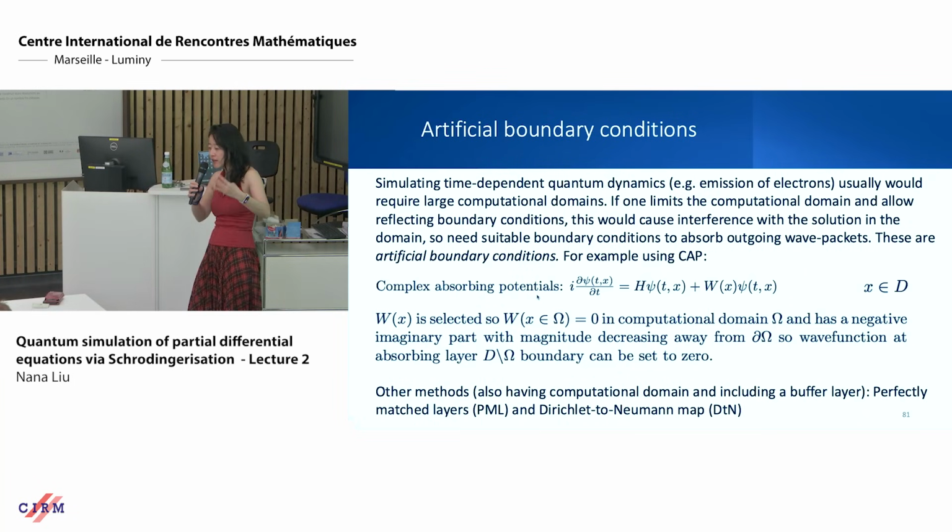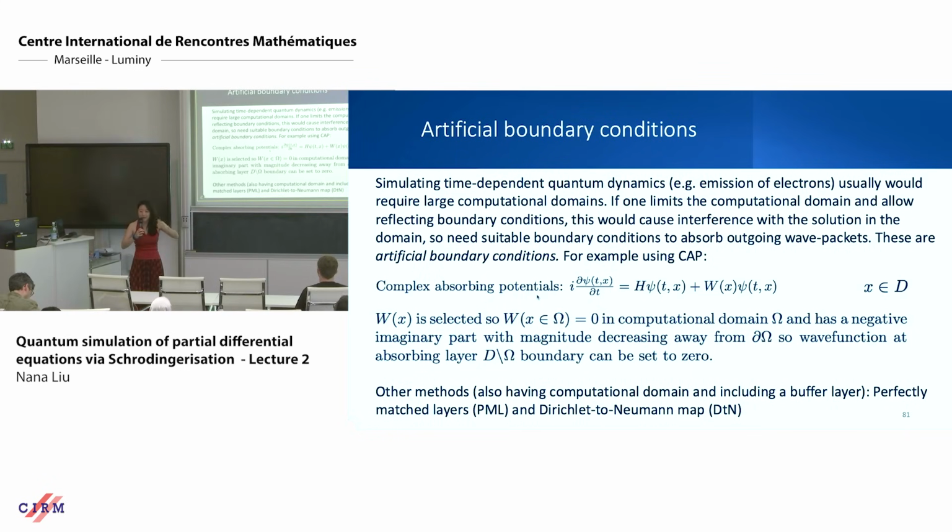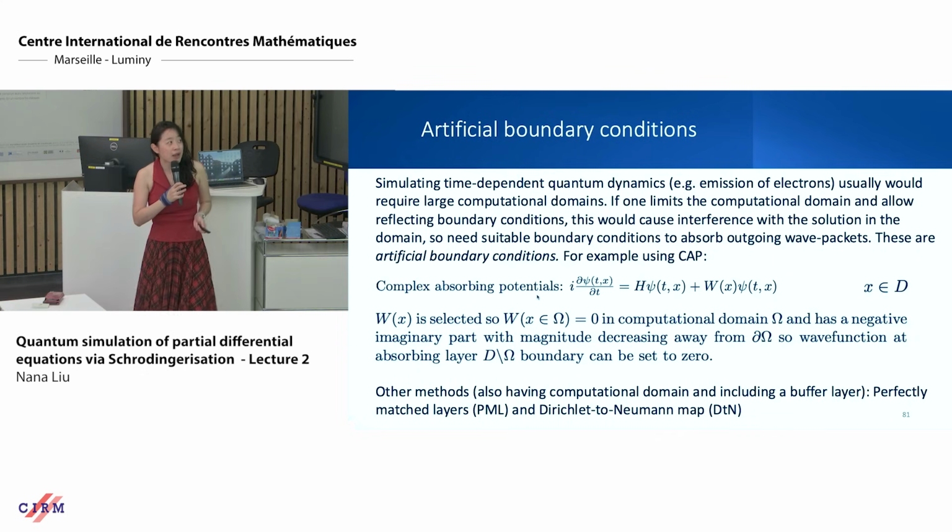If you have reflecting boundary conditions, when your wave hits the boundary, it's going to reflect back. But waves interfere with each other, so it's going to interfere with your solutions. So we should not have these reflecting boundaries. Instead, you should have boundaries that absorb the wave, so that it feels like you're going out into infinity, even though you're in finite space.